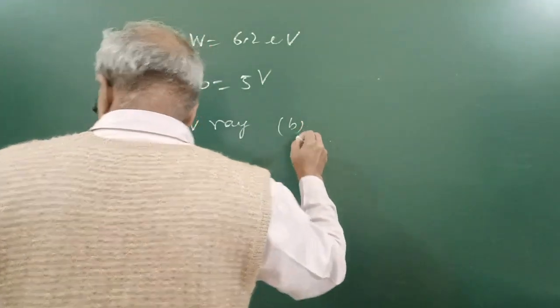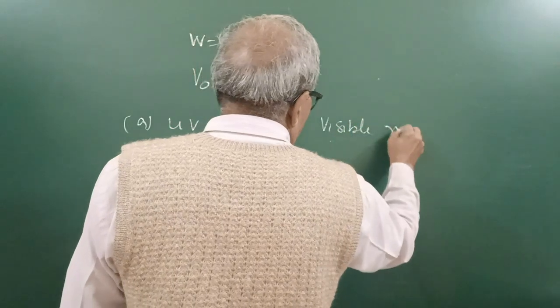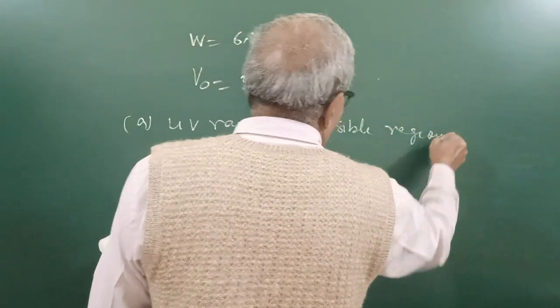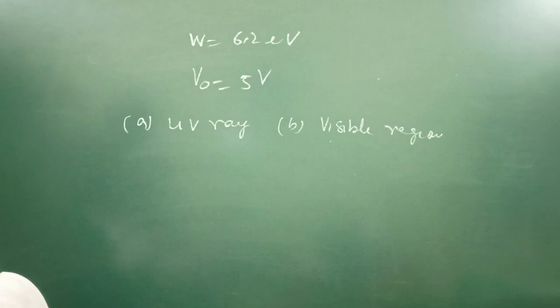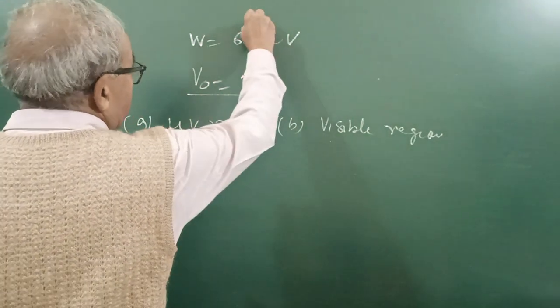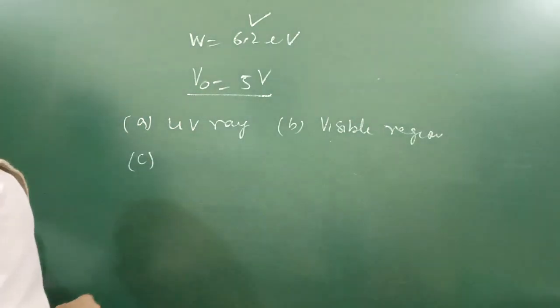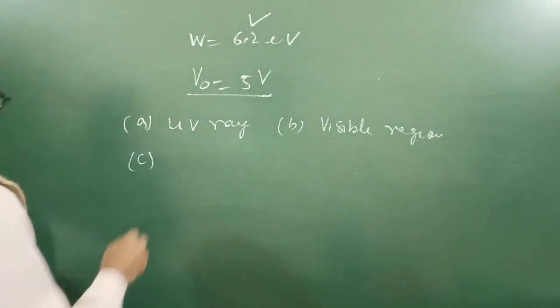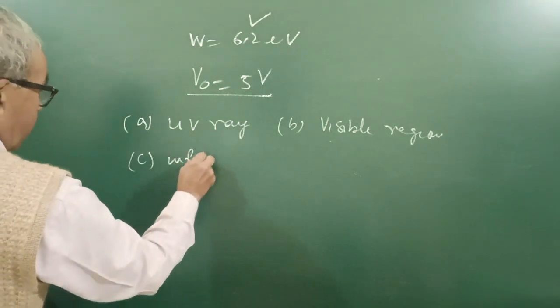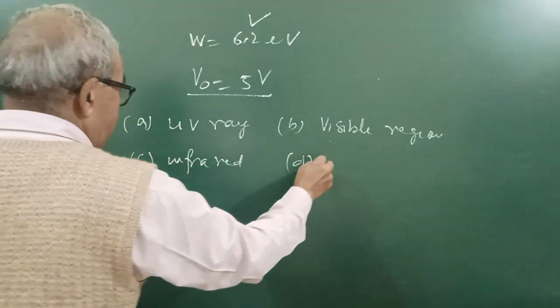B, visible region. The wavelength of radiation falling on the photocathode for which cutoff potential is 5 volt, with the work function this. And C option infrared, and D option X-rays.